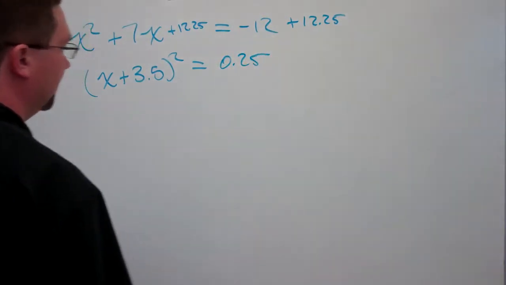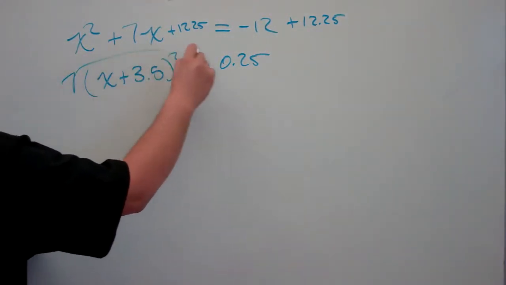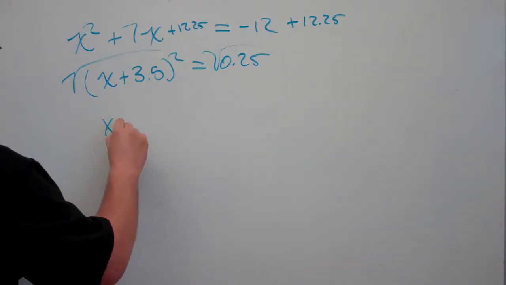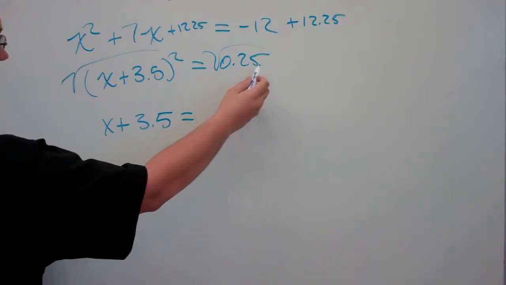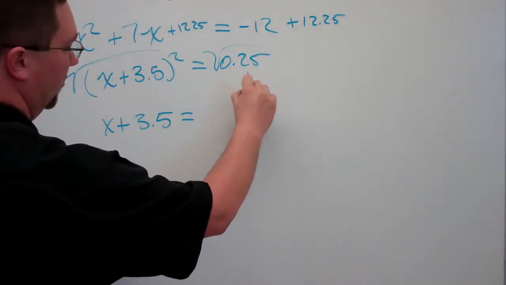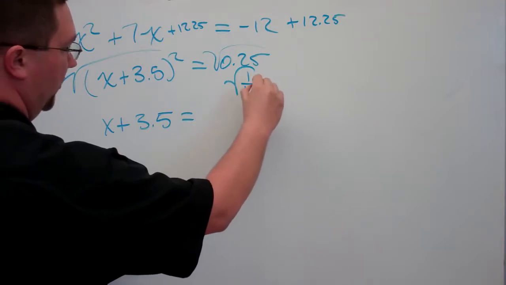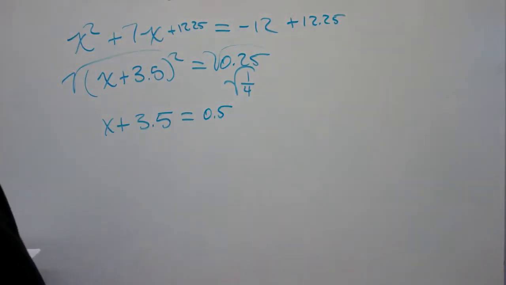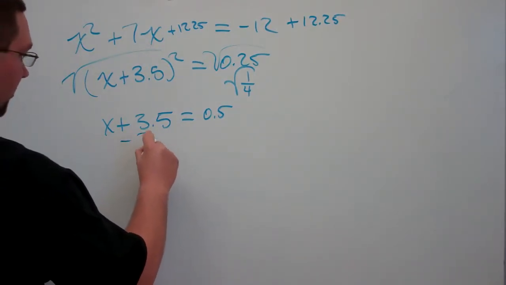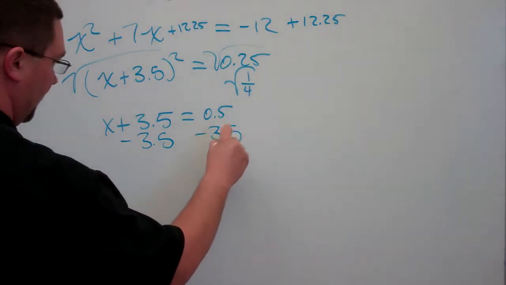0.25. Alright, square root both sides. X plus 3.5 equals square root of 1/4. Square root of 1/4, you square root them individually, so that's 0.5. Yes, it got bigger. That's okay. Now we're going to subtract the 3.5 from both sides.